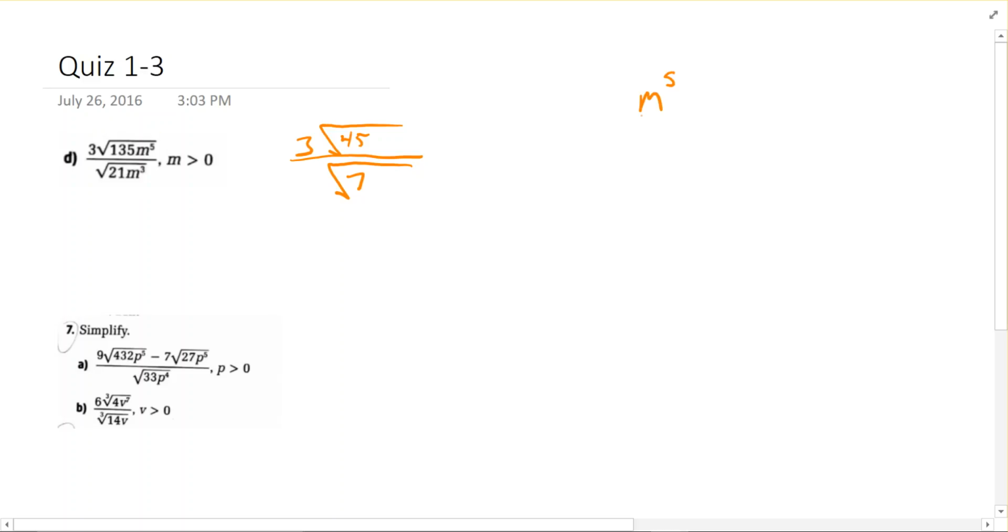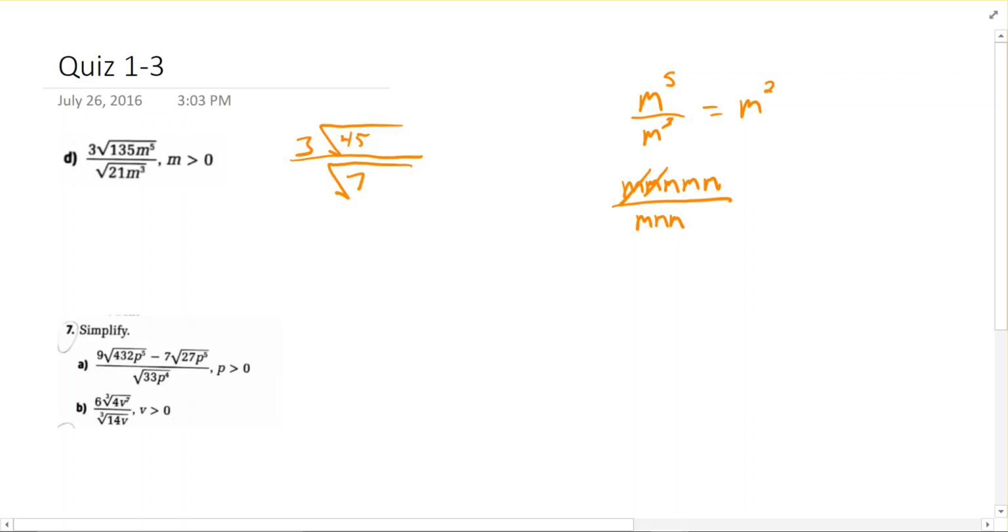Let's say that you just had m to the 5 over m to the 3, something like that, right? Remember that you subtract your exponents, so that would just be m to the 2, right? So you subtract your exponents. Really, the way I still think about it is m to the 5. That's just m times m times m times m times m over m to the 3, which is m times m times m.